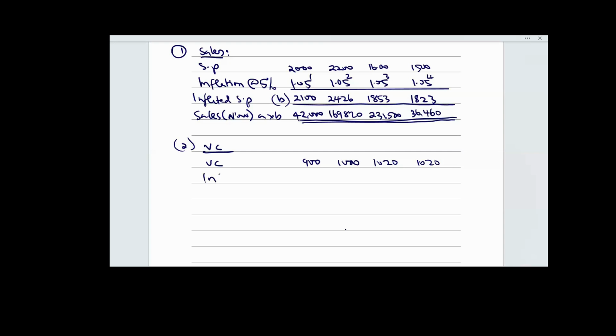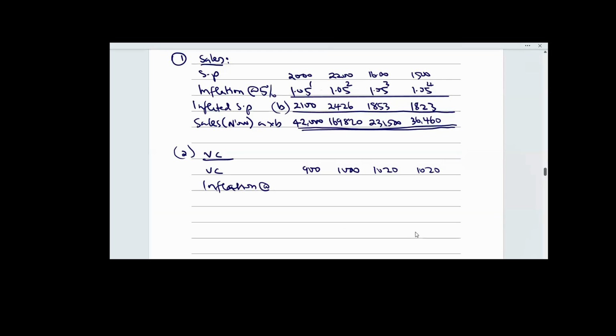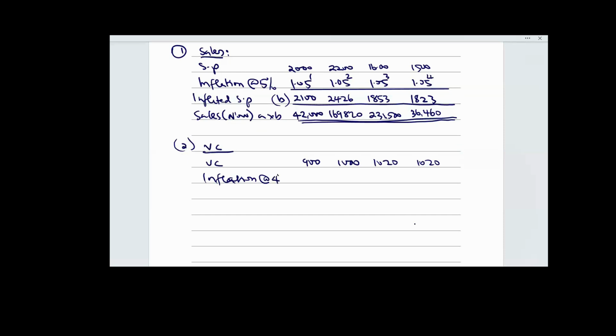Then what's the inflation rate for variable cost? 4%. Therefore, 1.04 raised to power 1, 1.04 raised to power 2, 1.04 raised to power 3, 1.04 raised to power 4.